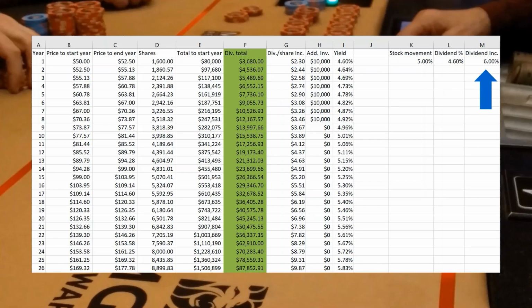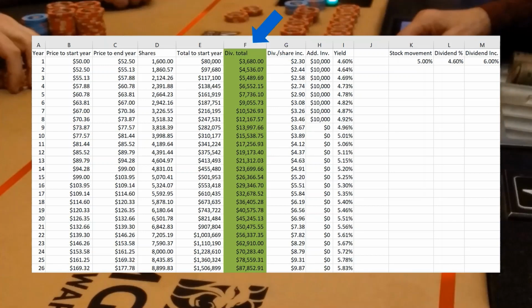Also, how the dividend is increasing year to year. I've put in 6%, and if the first dividend was $2.30, add 6%, and the next year the dividend will be $2.44.